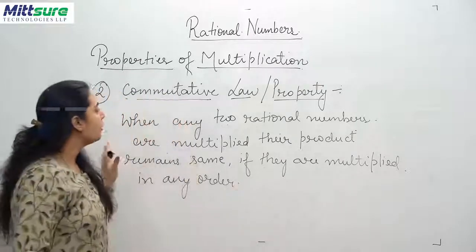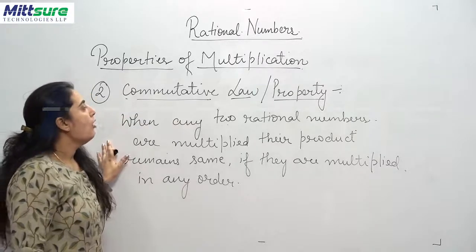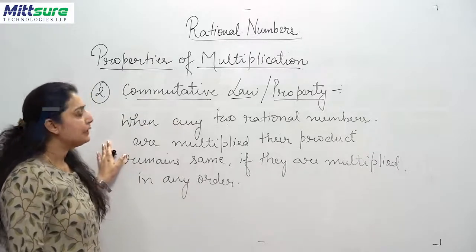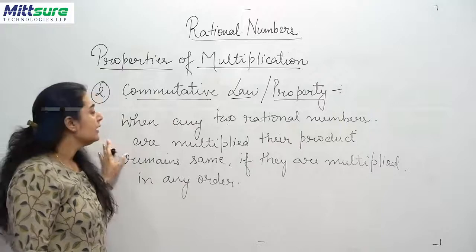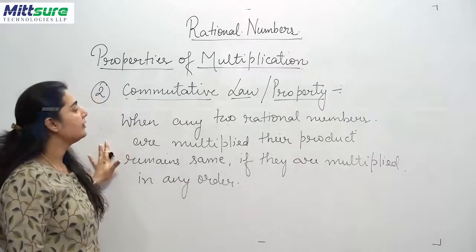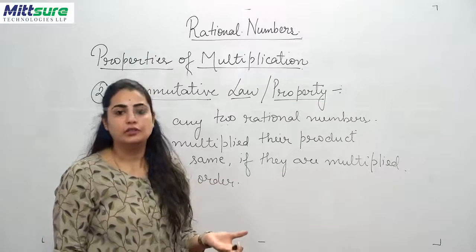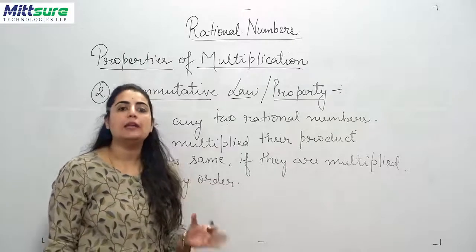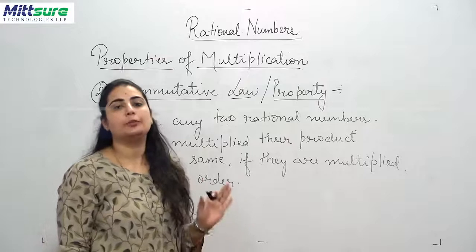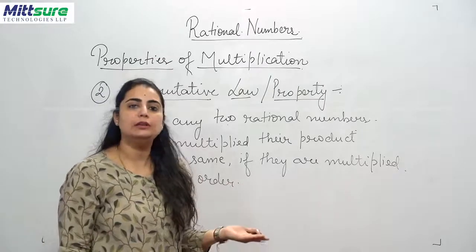Similarly, when we talk of the commutative law or commutative property of multiplication on rational numbers, the same thing is followed: in whichever order you multiply the two given rational numbers, it will not make any difference to the product which you will get in both cases.